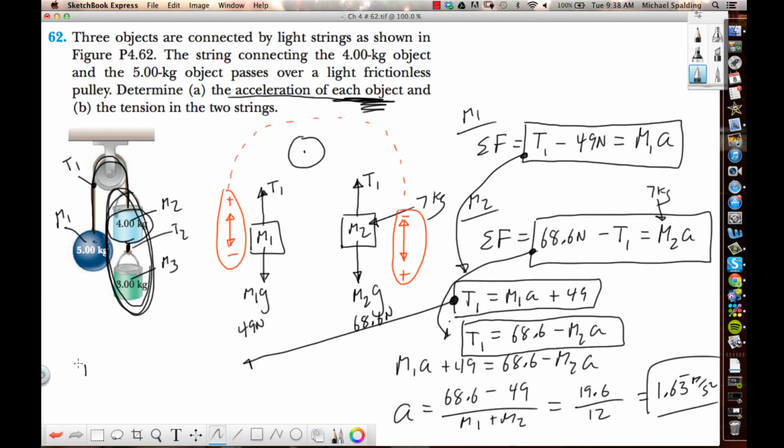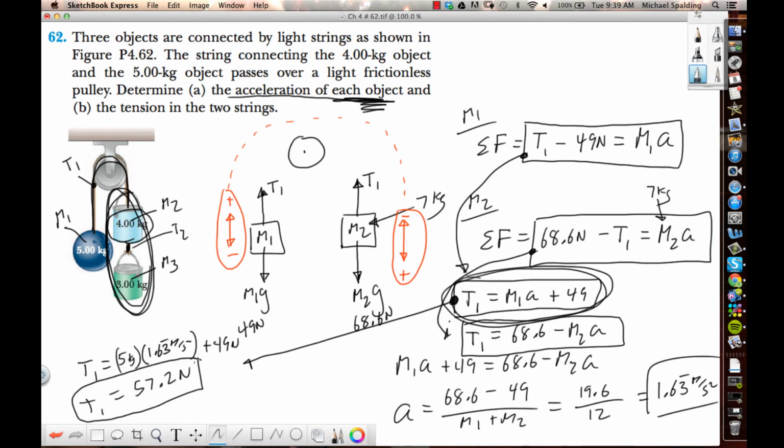So T1 is going to be M1A, so M1 is 5, so I'm plugging into this equation right here. So it's going to be 5 kilograms times A, which is 1.63 repeating, plus 49. So then T1 comes out as 57.2 newtons.